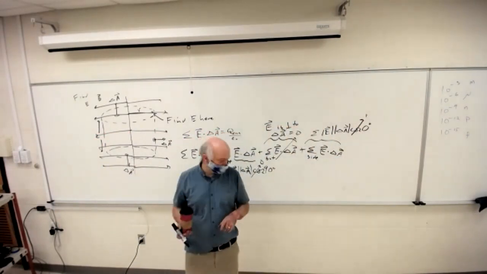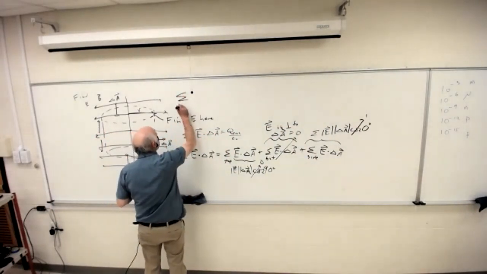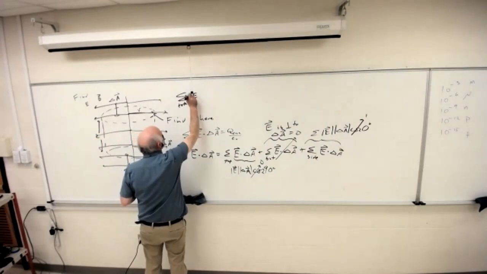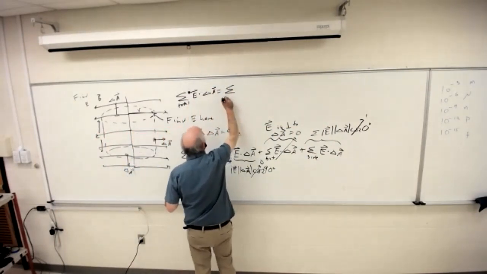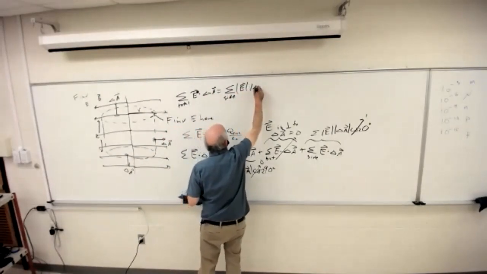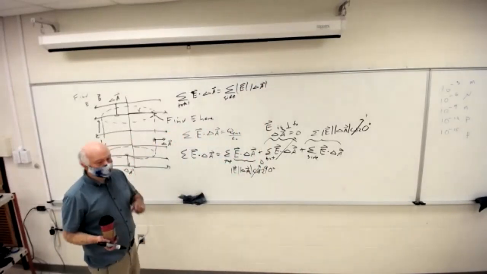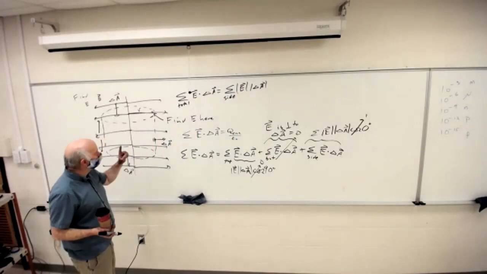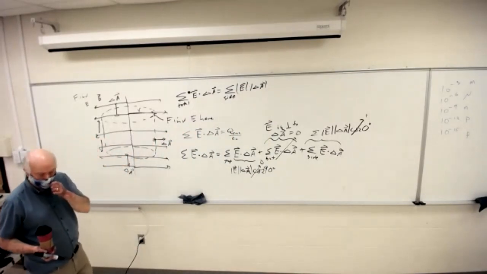Let's see if you can tell me what's going to happen. We have that the total flux equals this term on the side. What can you say about the magnitude of the electric field anywhere on the side of this Gaussian surface, by symmetry?